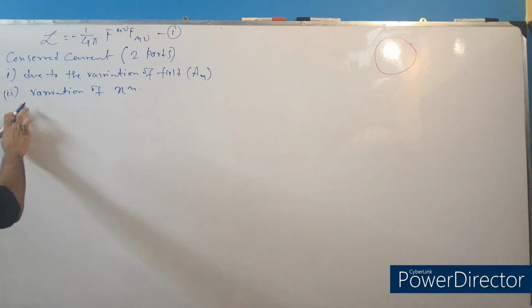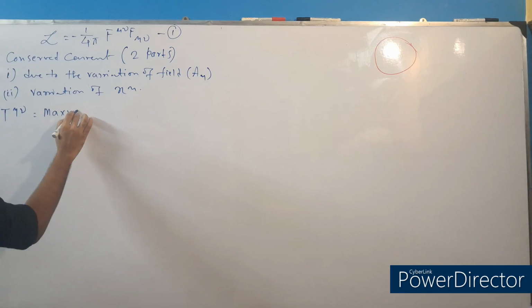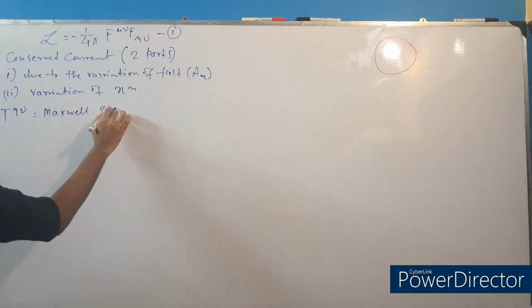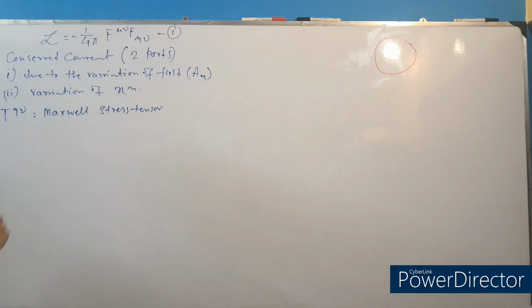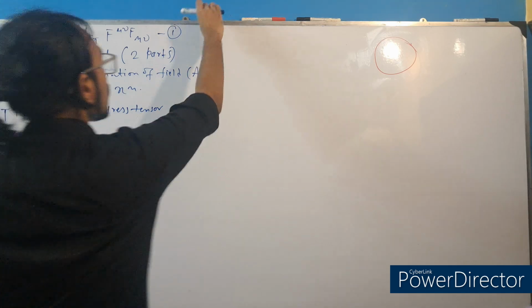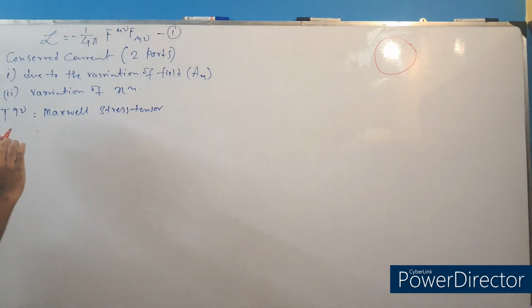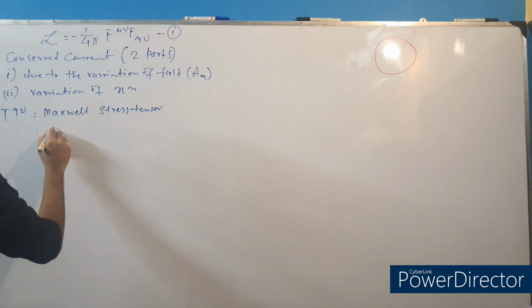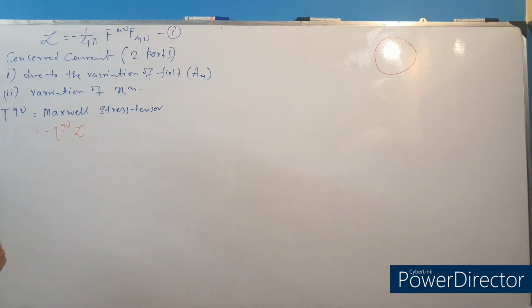So I will claim that this quantity or this expression T mu nu is basically Maxwell's stress tensor. And that can be written as minus eta mu nu, the Lagrangian.